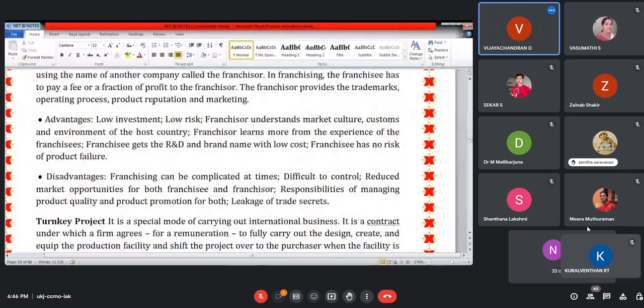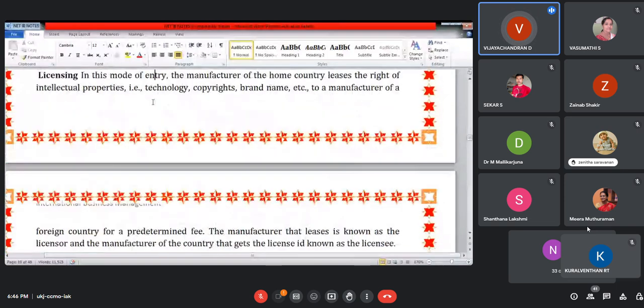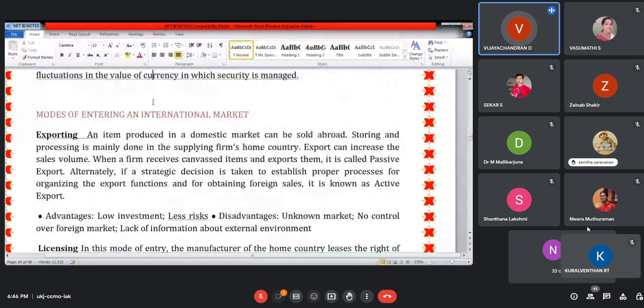Okay. So now we have to say what are the methods, what are the ways, before discussing the major trading blocks or the different international organizations. I have to say the modes, the ways the entities may enter into the international market.